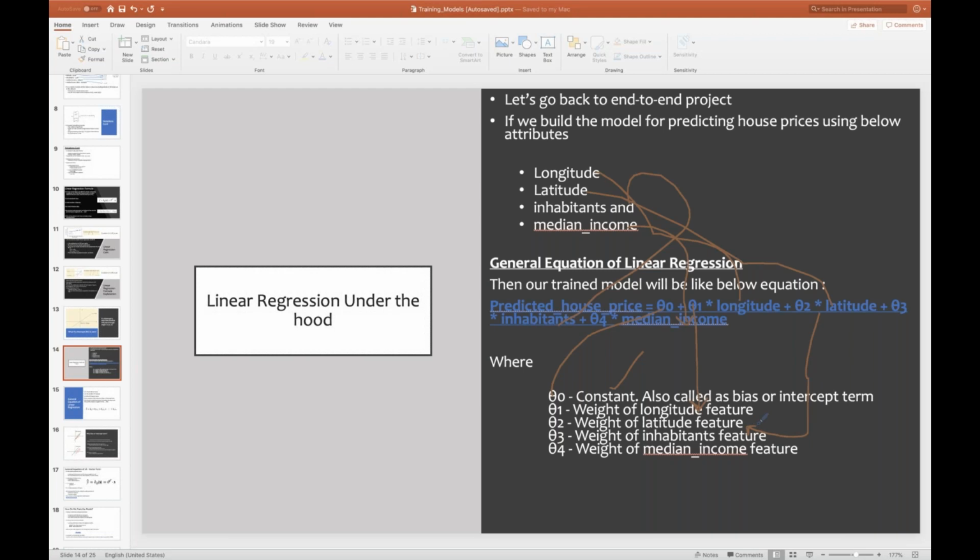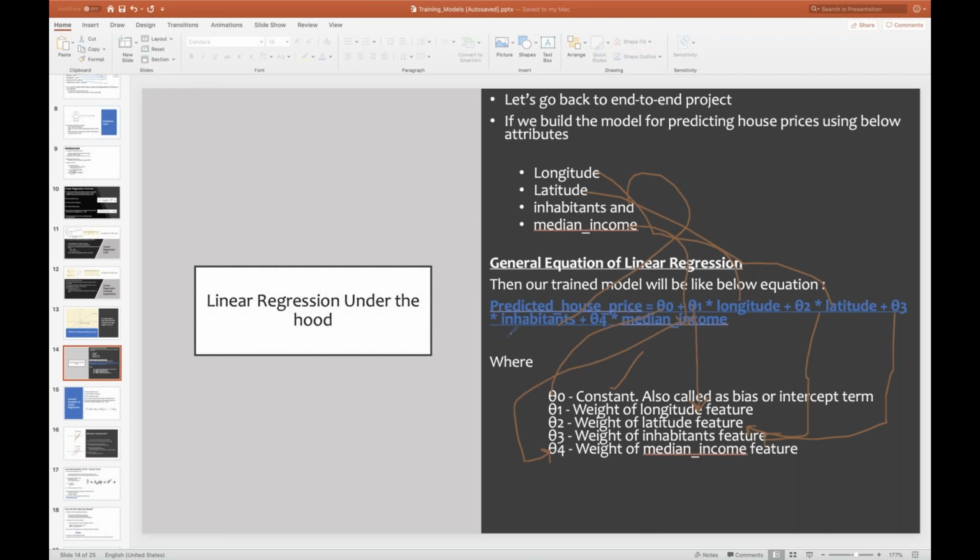Theta 2 is the weight of the latitude feature. Theta 3 is the weight of the inhabitants feature. Theta 4 is the weight of the median income feature.